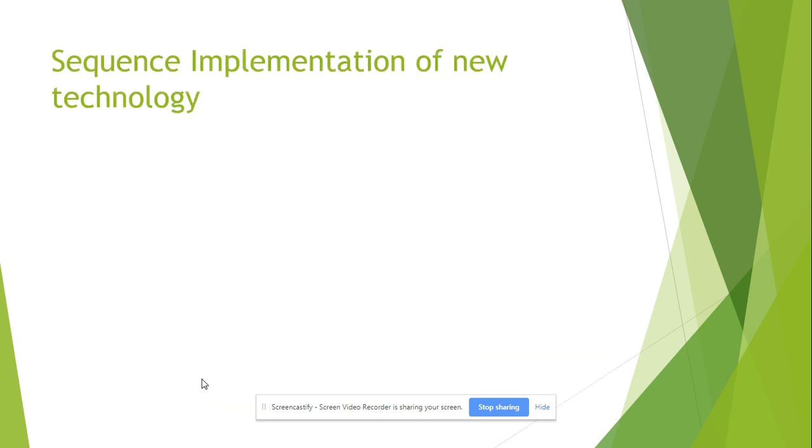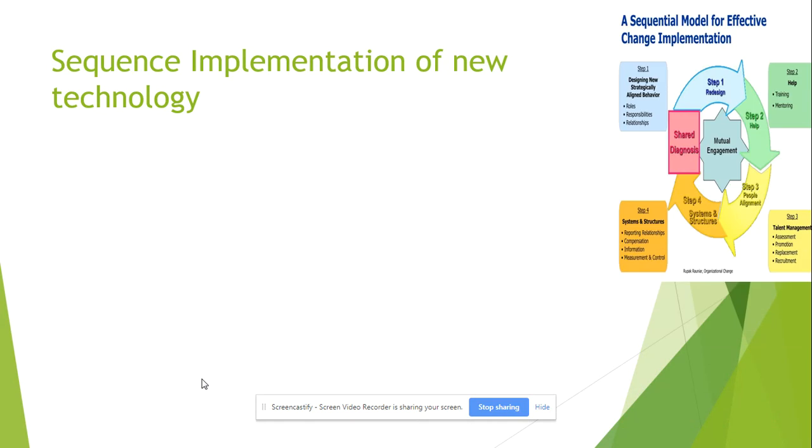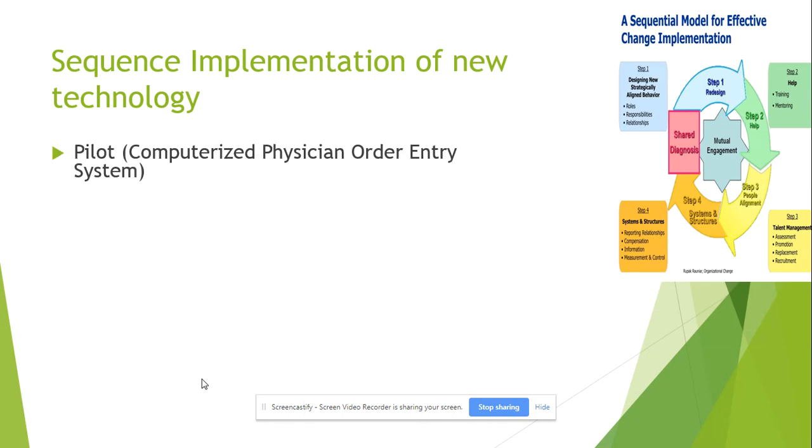The sequence implementation of new technology. Now that everybody's on board with why we need to change and why we need to employ this new program, before we can employ it at a massive scale, we can pilot this program, which in this case is a computerized physician order entry system.